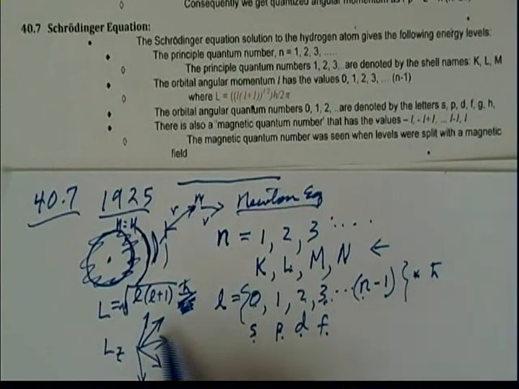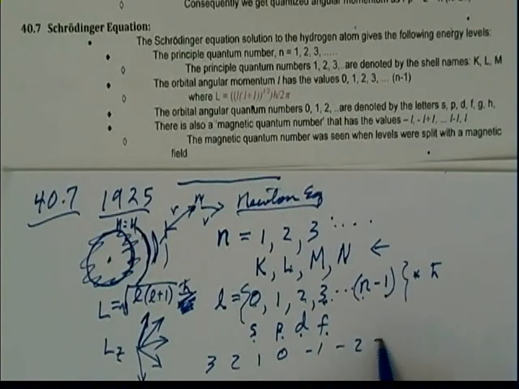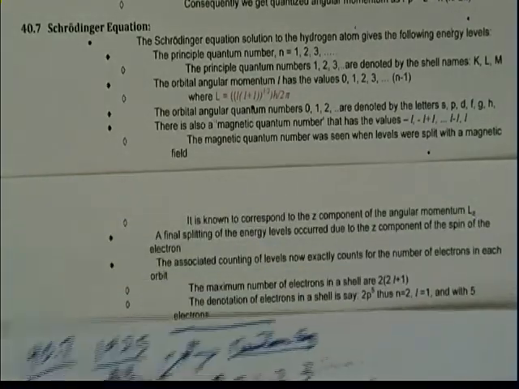Now, each one of these can also have different states for the electron. The angular momentum in the z component, say for L equals 3, could be 3, 2, 1, 0, minus 1, minus 2, minus 3 times h bar. So this gives us another set of orbits that are possible.